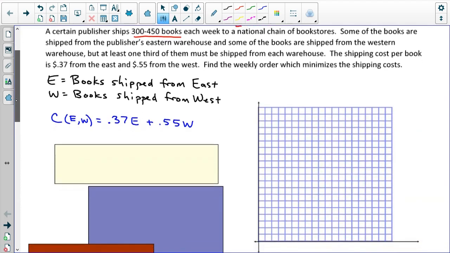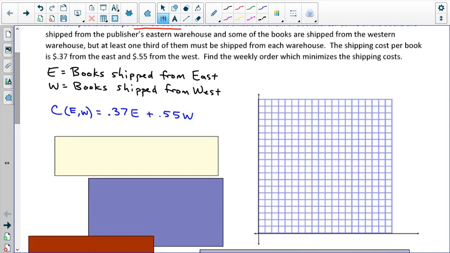But now this other thing is a little bit more confusing. At least 1/3 of them must be shipped from each warehouse. And so we have to take into account what it means for 1/3 of them to be shipped from each warehouse. So let's just think about it from a logical perspective. Let's say we ship 300 books. 1/3 of 300 is 100.